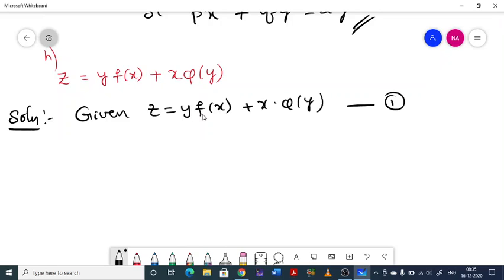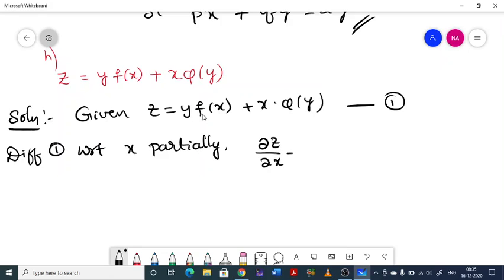Now as usual, differentiating 1 with respect to x partially, what do we get? Dou z by dou x equal to y into f dash of x plus phi of y. Call this as equation 2 for the time being.